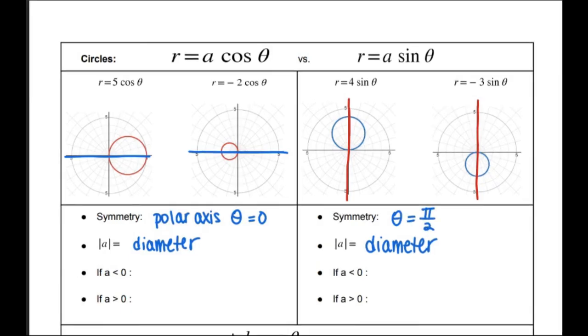All right, so if we take a look at the a value and see if it's positive or negative, in this case, when the a is positive, the circle is on the right side. When a is negative, the circle is on the left side. So we'll say left of the pole. And when it was positive, it was on the right of the pole.